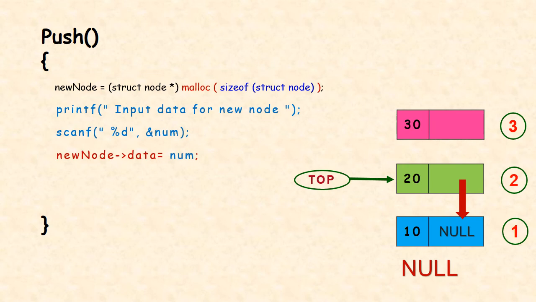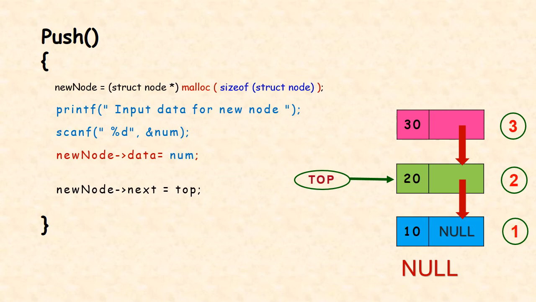Now that data value is placed there. Next, this link must be established. To establish this link, the node 20 is being pointed to by top, meaning the address of this second node 20 is top now. Okay, so new node next is equal to top will establish this link between these two nodes.